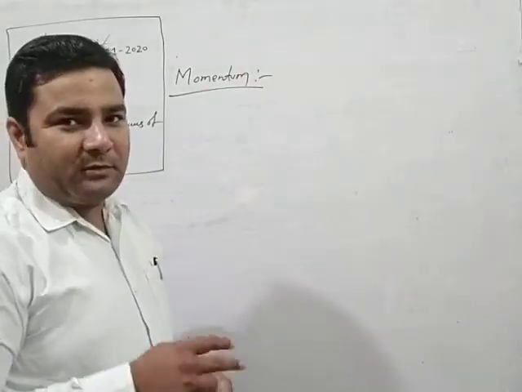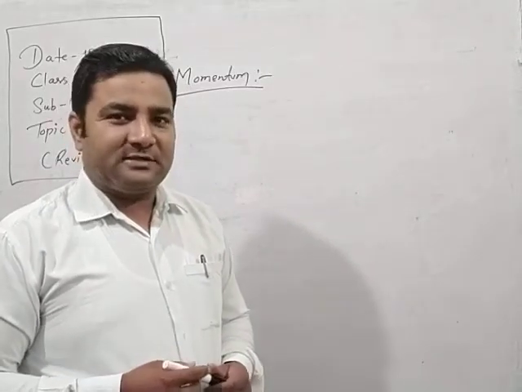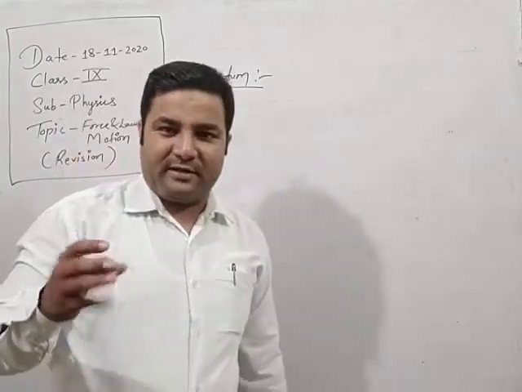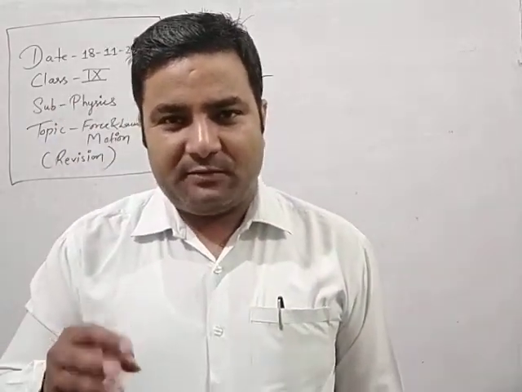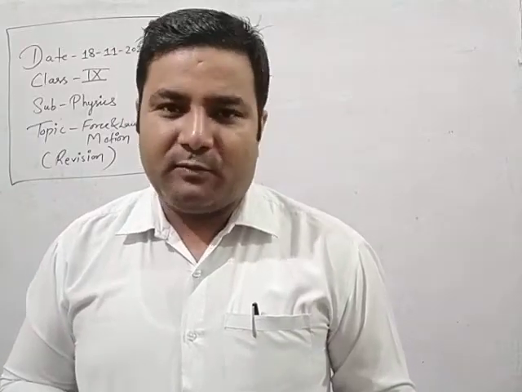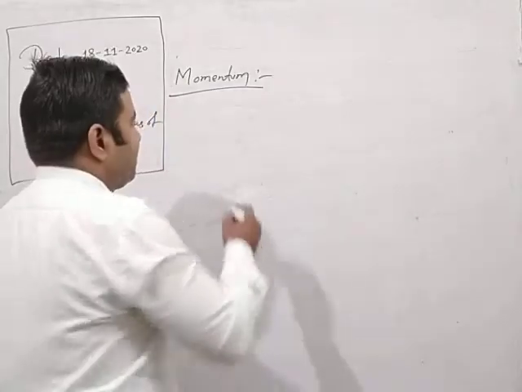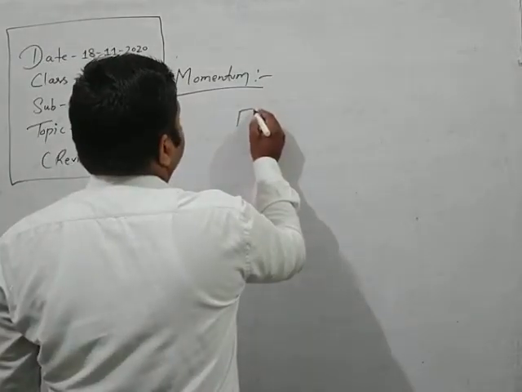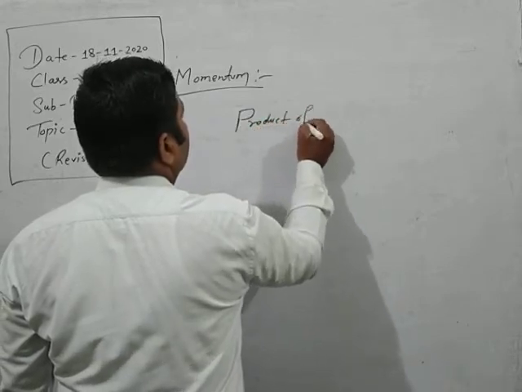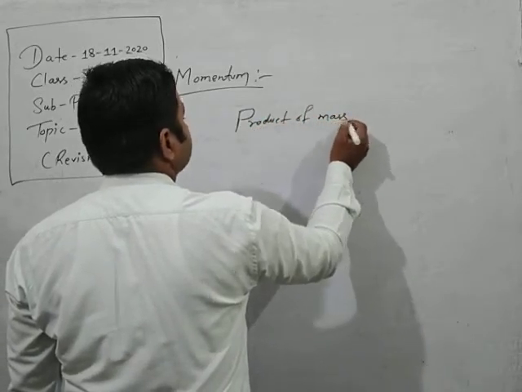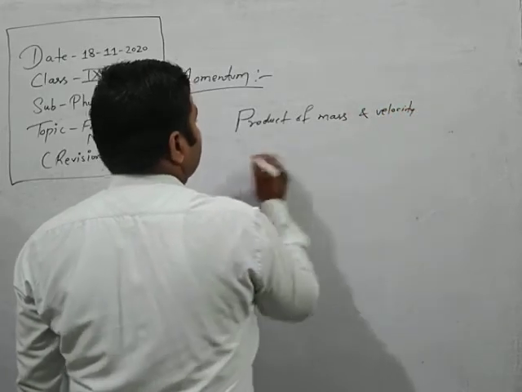Momentum is whenever a body is moving with some velocity, then there is a concept of momentum. In other words, it is a physical quantity which gives the idea or concept about force, and that is measured by the product of mass and velocity.